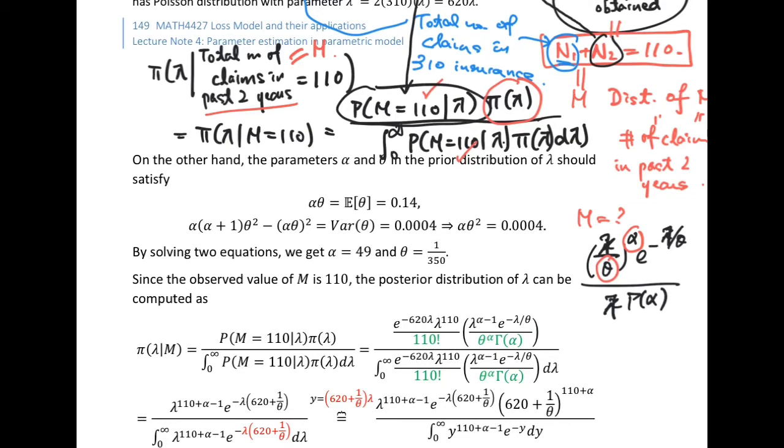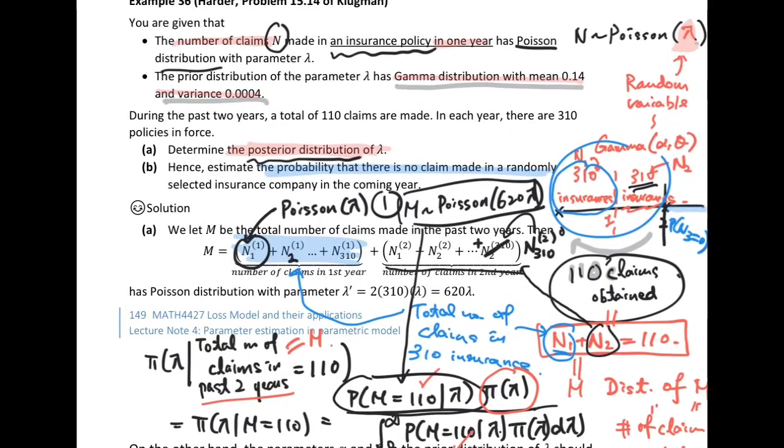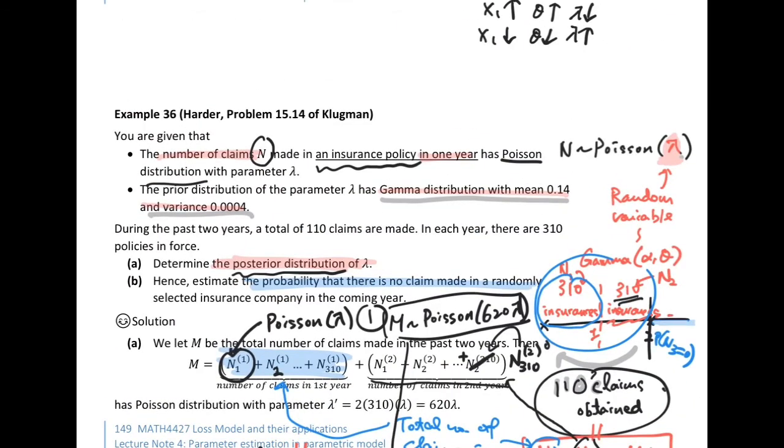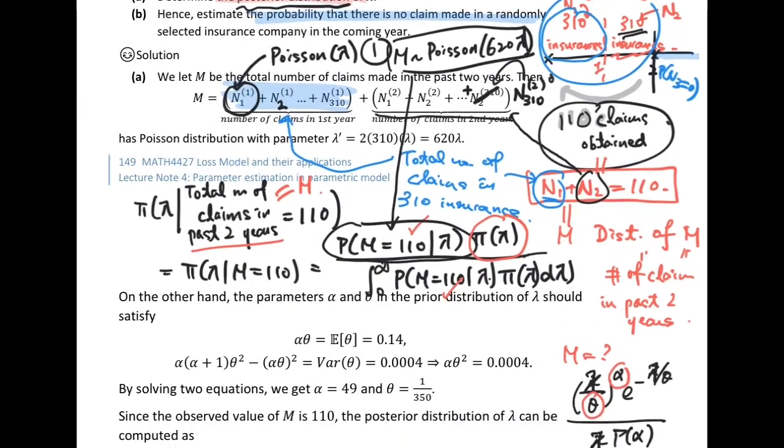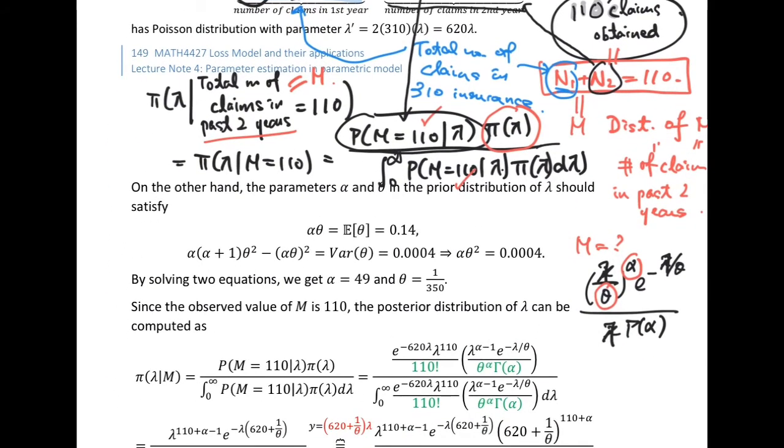Remember how do we do this? To do that, we will make use of this fact. Remember we have the mean equal to 0.14, variance equal to 0.0004. We will use that to help us get alpha and theta. Just recall, for the gamma distribution, your k-th moment is equal to theta to the power k, times gamma of alpha plus k divided by gamma alpha, right?